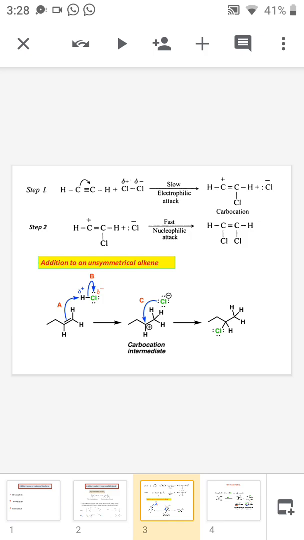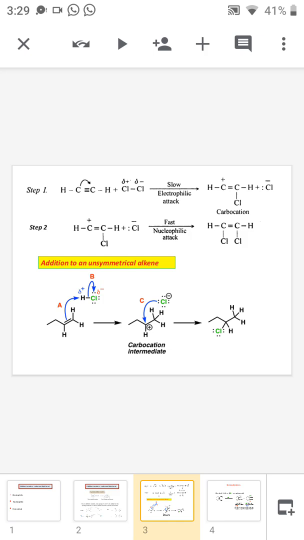Now we are moving into the addition of an electrophile to an unsymmetrical alkene. In the first case our starting material is symmetrical, and our reagent is also symmetrical.